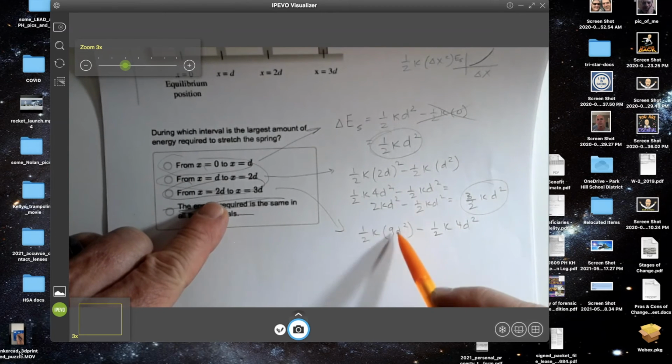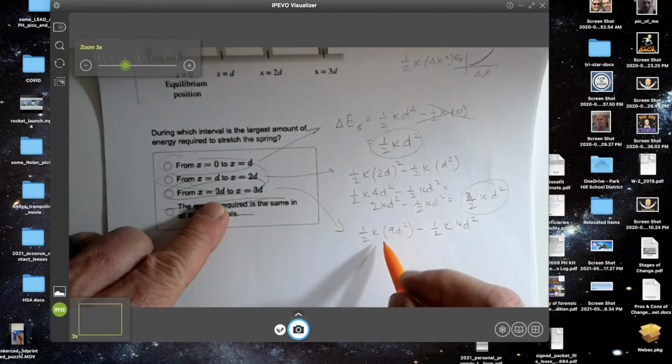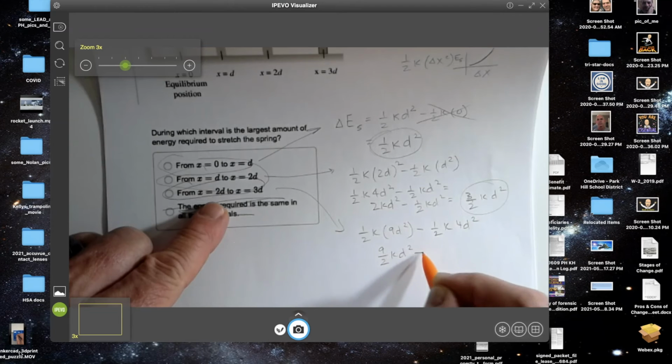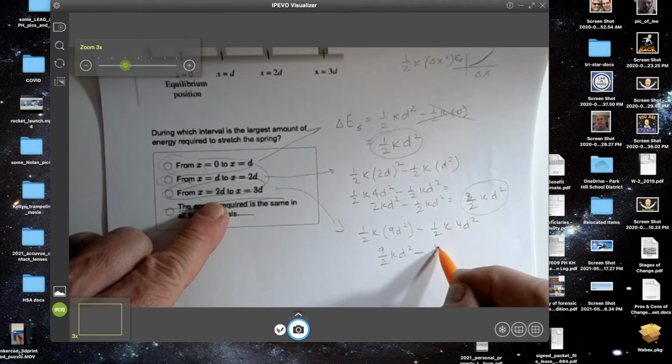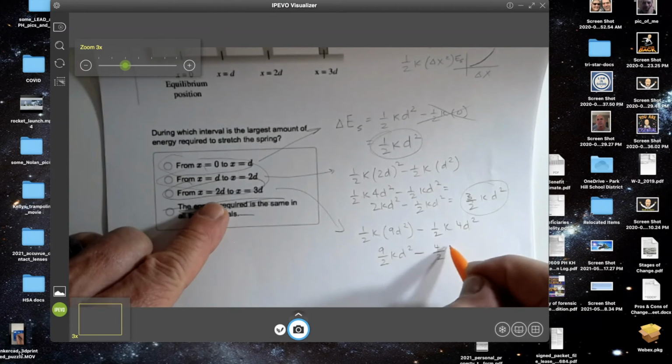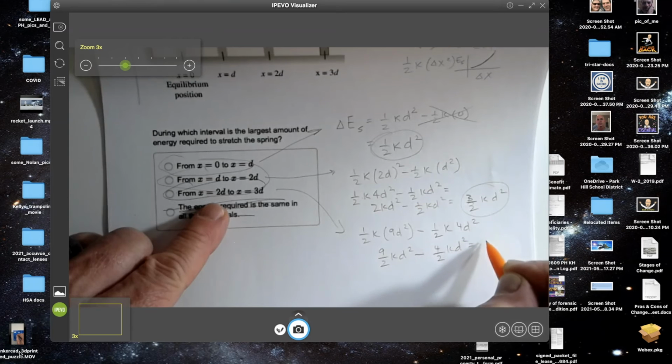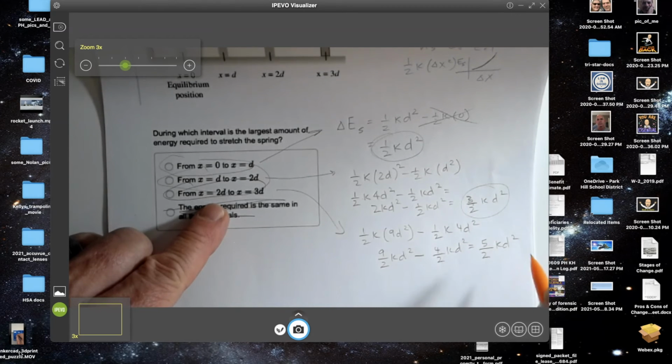Again, I squared the 3d quantity, that'd be 9d squared. So this is really going to be 9/2 k d squared minus 4/2 k d squared, and that's going to be 5/2 k d squared.